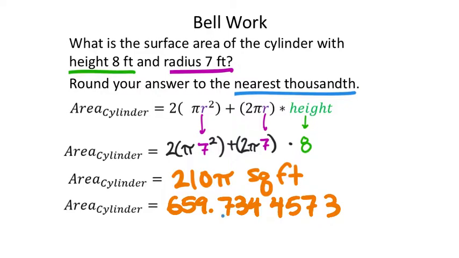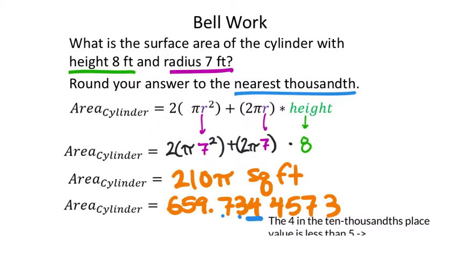So let's identify where the thousandth place value is. That's one place value to the right of the decimal, the 7, that's in the tenths, then the 3 in the hundredths, and then the 4 there in the thousandths. That's the one we're targeting. So I look immediately to its right and I see a 4. That would be the 10,000th place value. So the 4 in the 10,000th place value, it's less than 5.